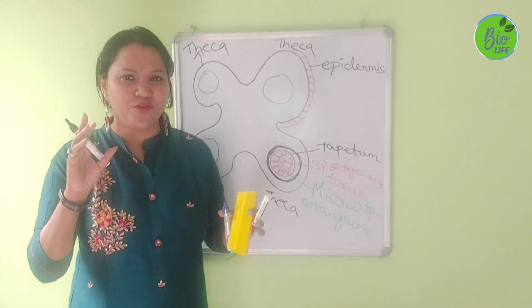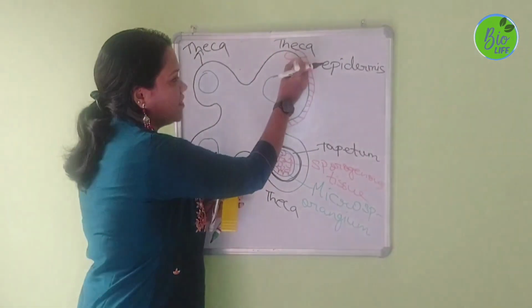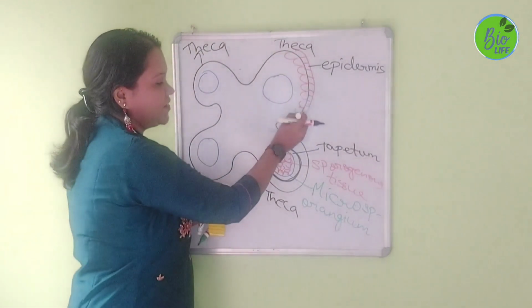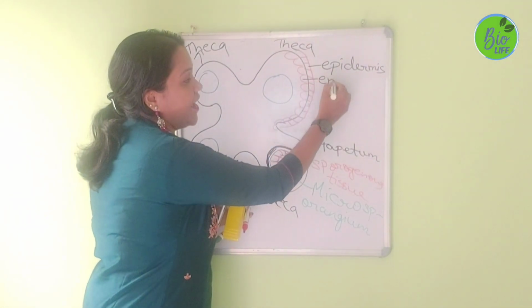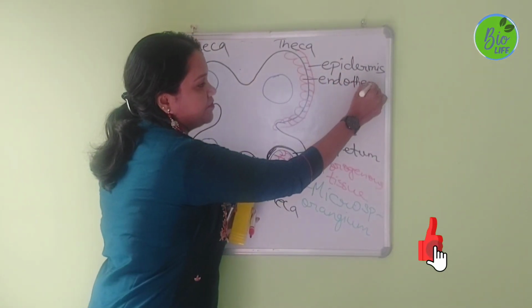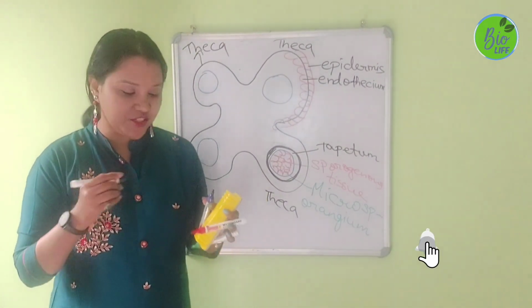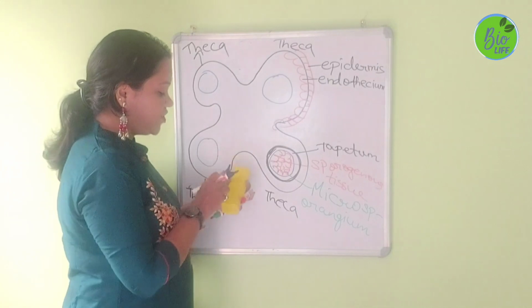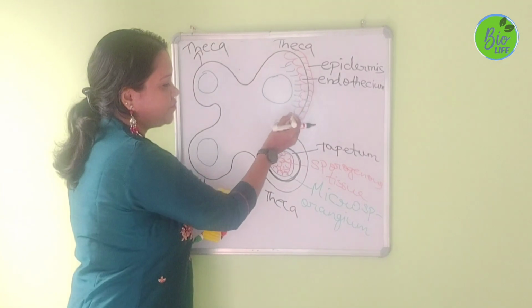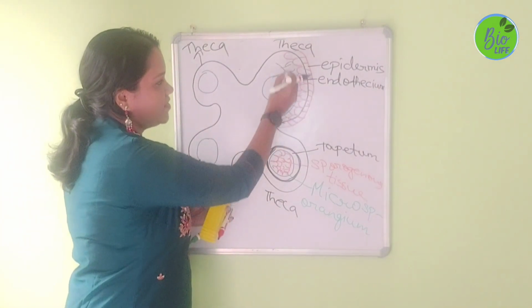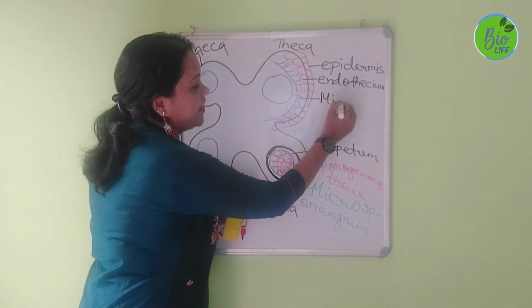Next to that epidermis, the layer is called endothecium. Next to that endothecium, the layer is called middle layer.